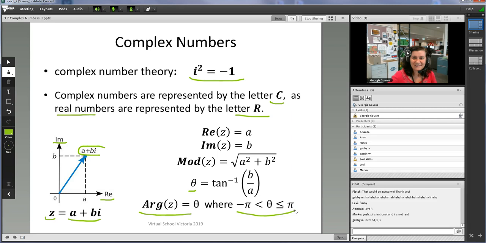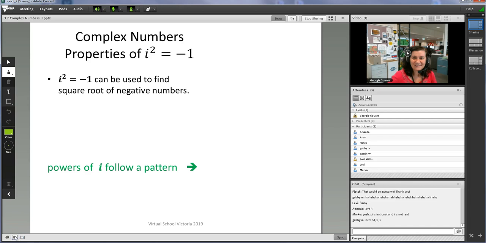So if it's in the second, third, or fourth quadrant, you might have to adjust it and make sure the final result is within this domain using properties of symmetry. Okay, so that's a recap of last week. Oh yes, there's theta. Oh, I popped in at the last minute there.